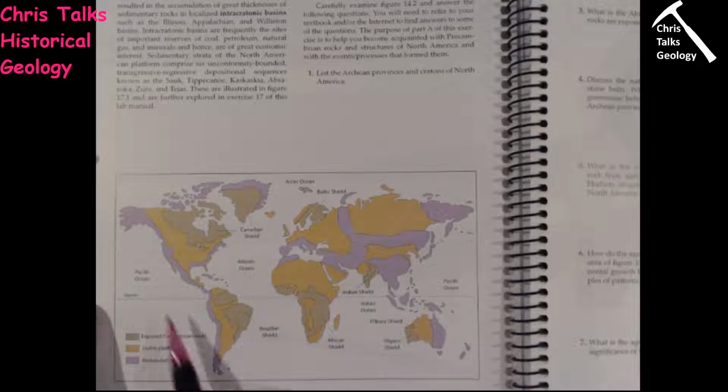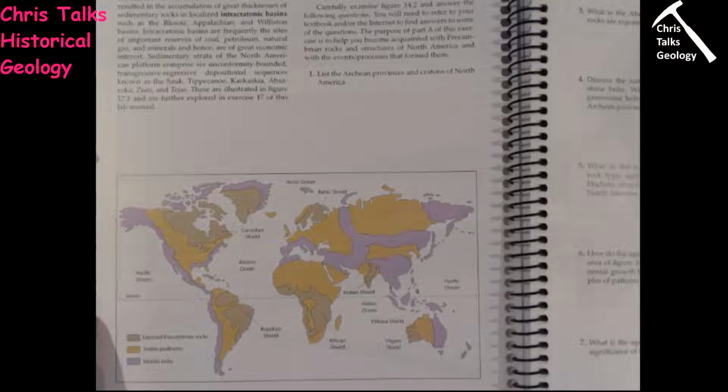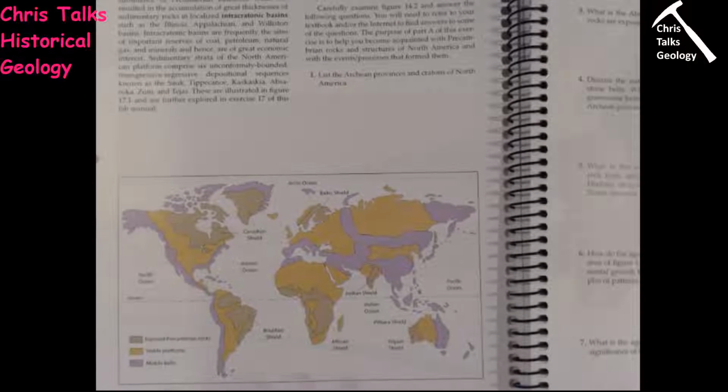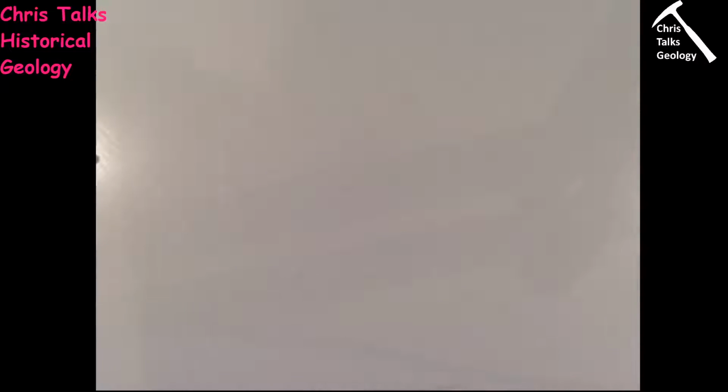And then we have the modern belts in other areas. So a lot of the Earth is actually either exposed Precambrian rocks or younger deposits on top of Precambrian rocks. And we can also see that these Precambrian rocks form the cores of pretty much every continent out there. Alright, anyway, so let's get on to the lab.